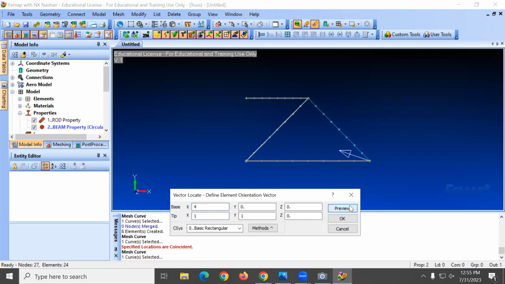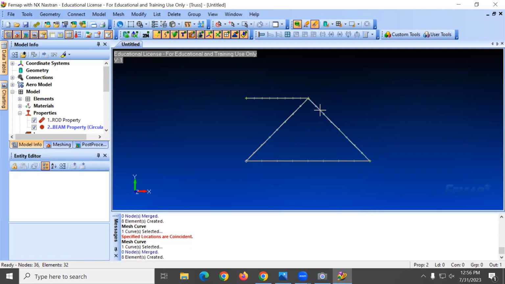Let's see. Five, 1. Wait, the 2 I need to do to this one. Let's put here now the negative one. Ah, I see what you're saying. Yeah, that one looks at 90 now, no? Yep. So it just did it right here, okay?